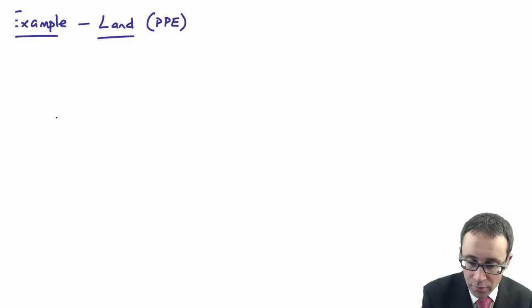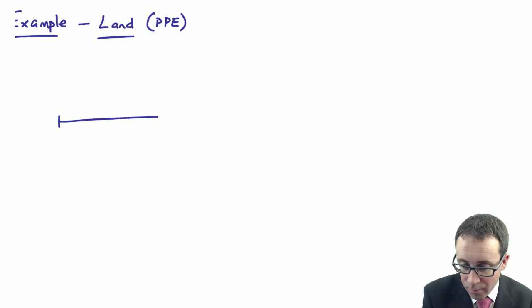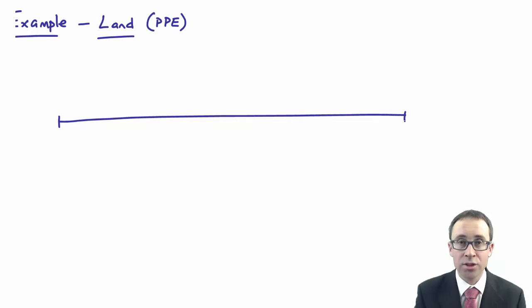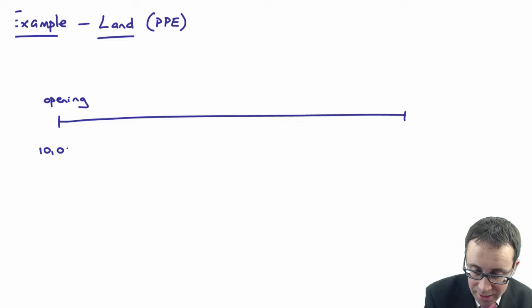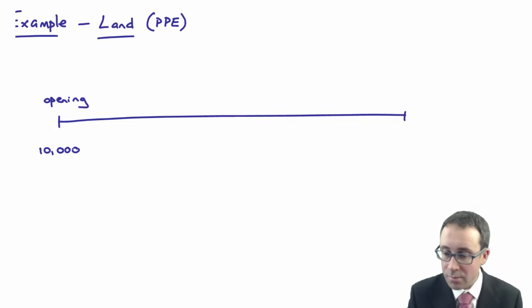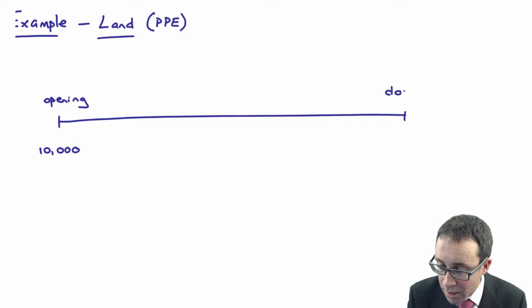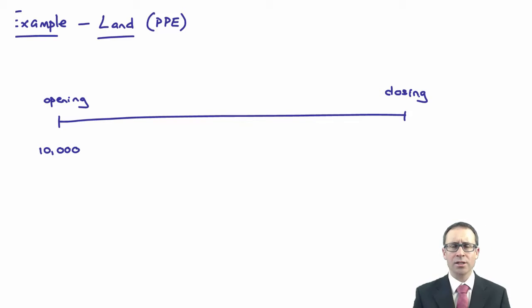Okay. So let's just say at the start of the year our opening balance is, say, 10,000. Closing balance, let's just pretend that we do not know what that closing balance actually is.